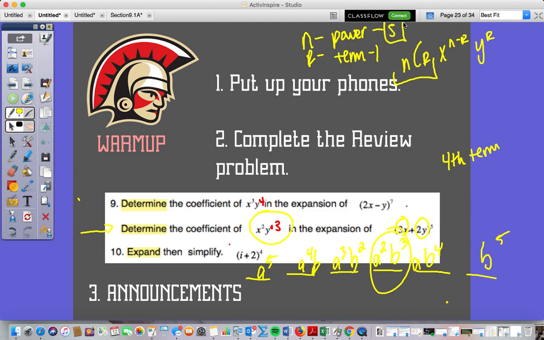And what is the term minus 1? 4th minus 1, which would be 3, right? Does that make sense for where we get that 4th minus 1? Because this was the fourth term, and then minus 1 would be 3. So we're still finding the 4th term. So this would be 5 C 3.